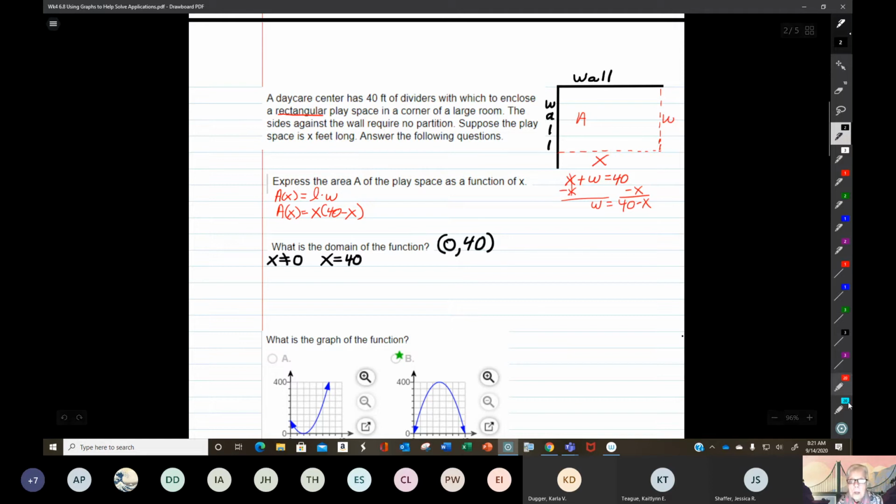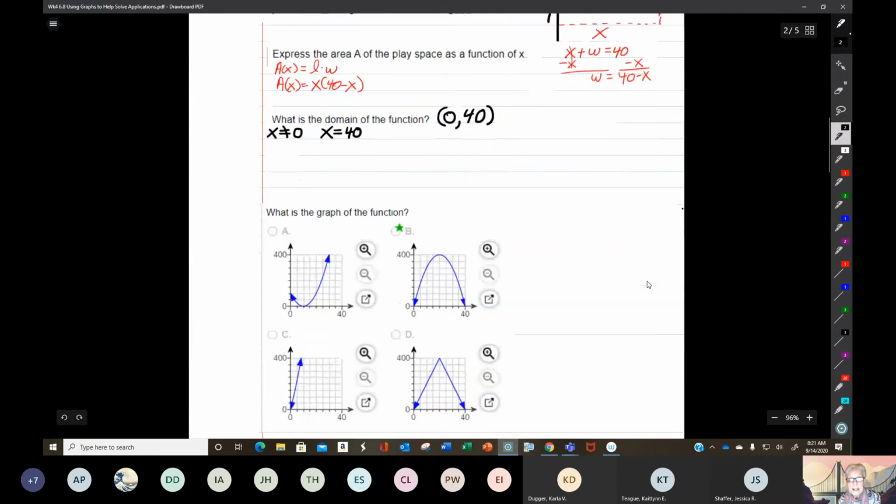Okay, now what they have done is they have graphed the function x times 40 minus x. And they're asking you, which one is it? So think back to intermediate algebra.